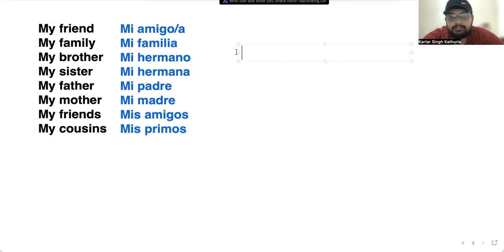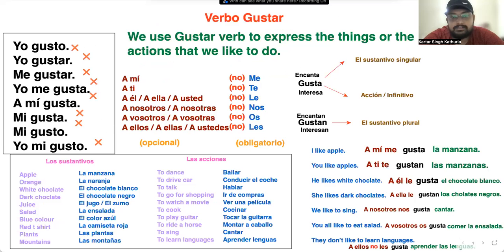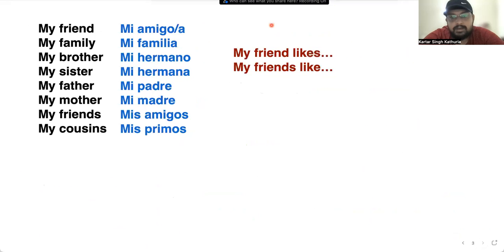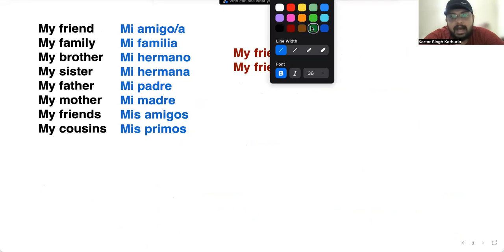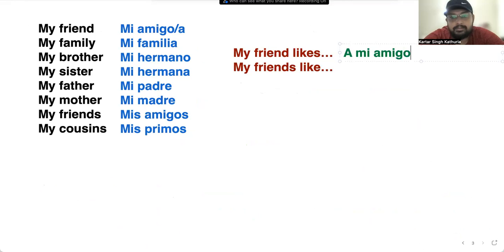If I write here a few examples, my friend likes, friends like. We are talking about third person singular here. If you go back to the slide, what is the third person singular? Le. So I will write here, a mi amigo le gusta o gustan.